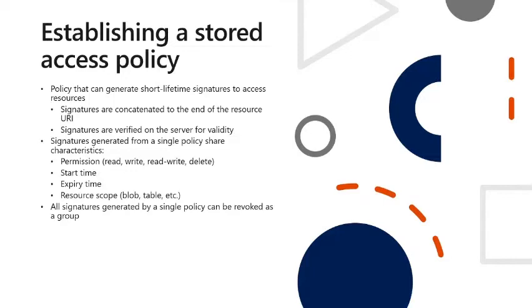On the server side, establishing a stored access policy serves to group shared access signatures and to provide additional restrictions for signatures that are bound by the policy. You can use a stored access policy to change the start time, expiration time, or permissions for a signature, or to revoke it after it has been issued.